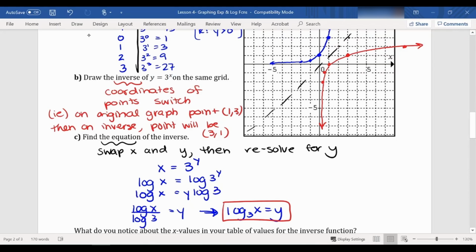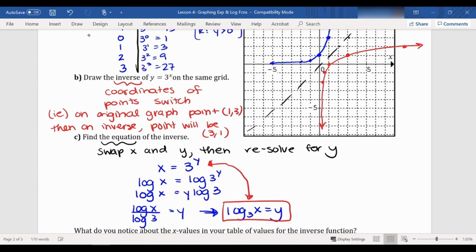We know that if x equals 3 to the power of y, if we want to rewrite this in logarithmic form, the base of that exponential up here is 3. We know that the inside stuff is what this equals, which is the x, and then the exponent is what the log equals. So we know from back in lesson 1, changing from exponential function to a logarithmic function, this is true.